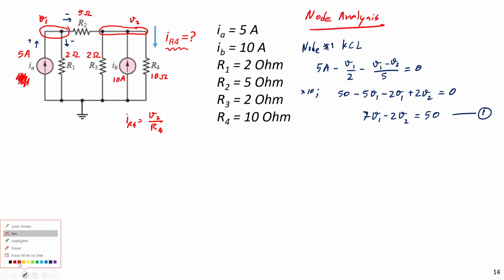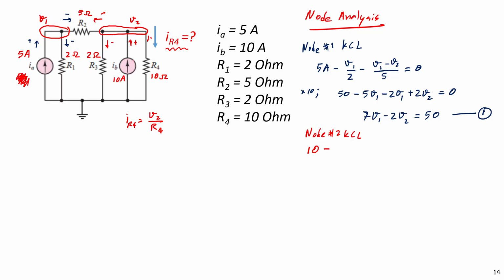Then we take node number 2 by KCL. The current flowing in is 10 amp, and the currents flowing out are minus. So 10 amp minus V2 by 2 ohm minus V2 by 10 ohm, and then minus (V2 minus V1) divided by 5 equal to 0.